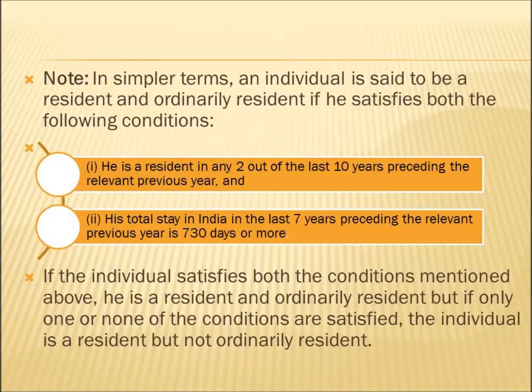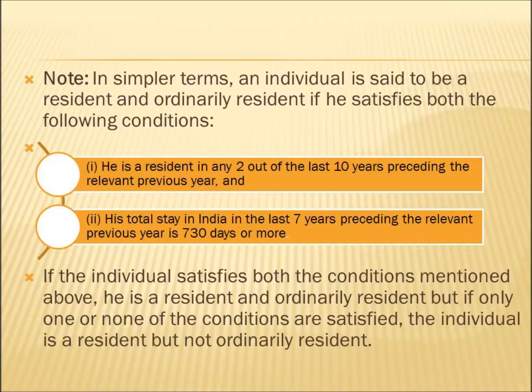So at last we can say, after studying all these things, that if the individual satisfies both the conditions mentioned above, that is, in 2 out of the last 10 years he is resident and in the last 7 years he is staying in India for 730 days or more. Just pay attention to this: both.